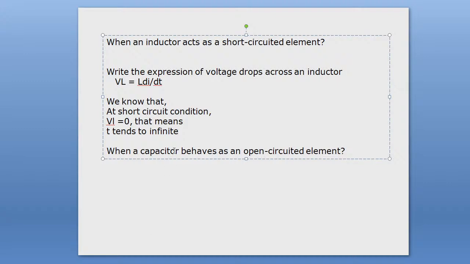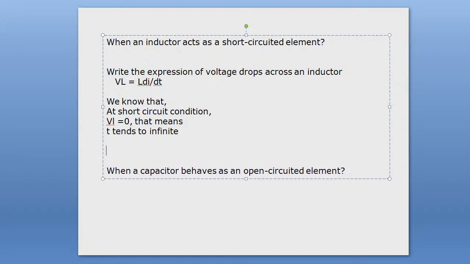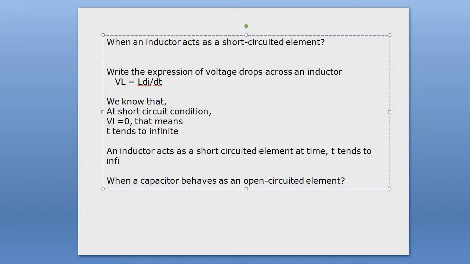The right answer is: an inductor acts as a short circuited element at time t tends to infinite, meaning time equal to infinite theoretically.